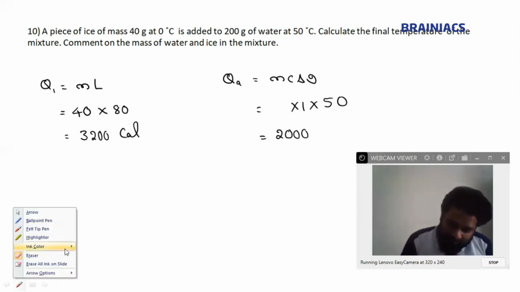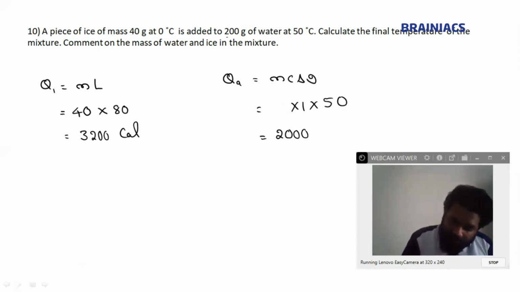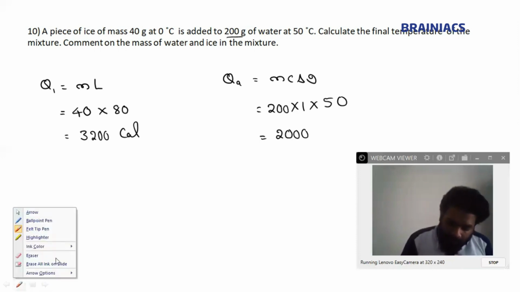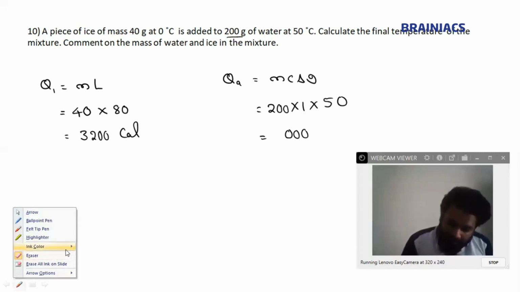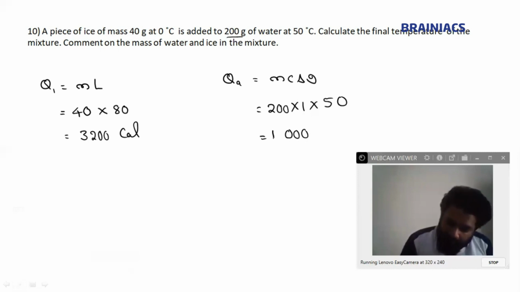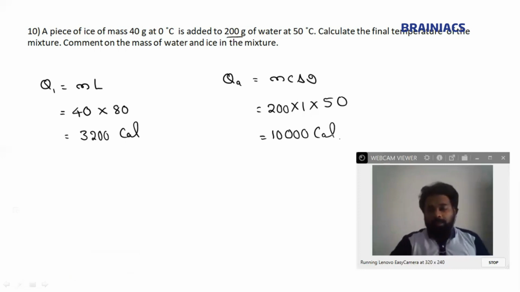Okay, this side it is going to be how much? 200 gram of water. So 200 into 1 into 50. Okay, so we are getting here 10,000 calories. Okay, so one side ice is ready to come to water at 0 degrees Celsius.